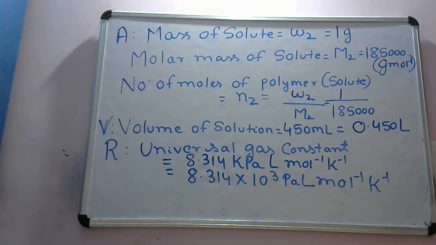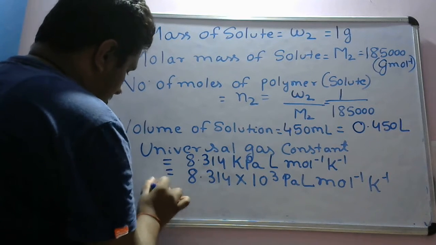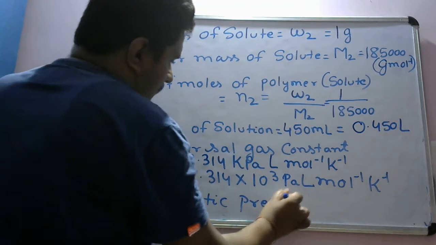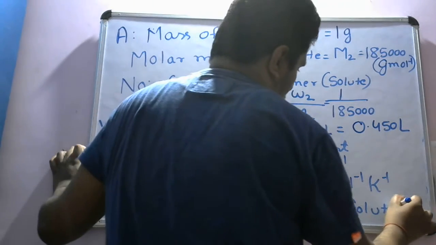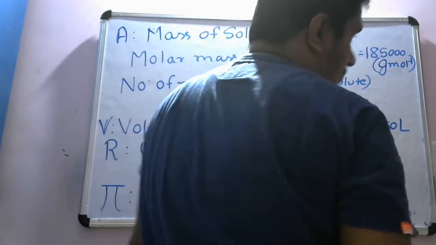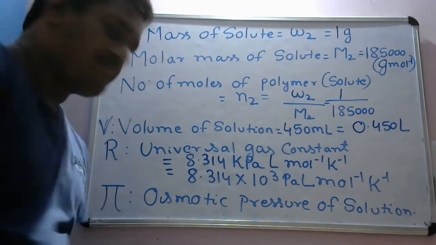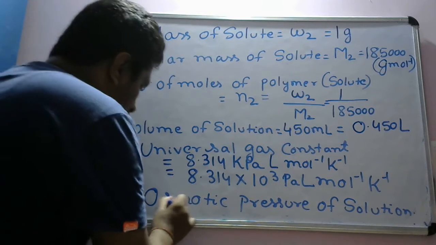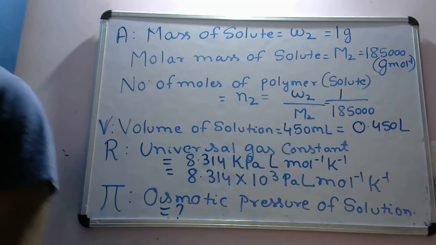Now we will substitute all the values in our equation for osmotic pressure. The symbol for osmotic pressure is pi, the osmotic pressure of the solution, which we have to find out. First you note down what is given to us, then we will apply the formula.